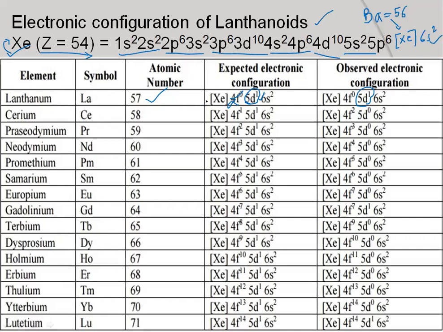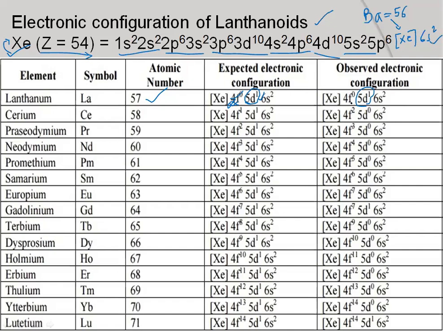So why is this so? Why is the electron not entering the 4f orbital? Because the energy level of 5d orbital is smaller than 4f orbital. That's why the electron will enter the 5d subshell in case of lanthanum, and 4f is 0.